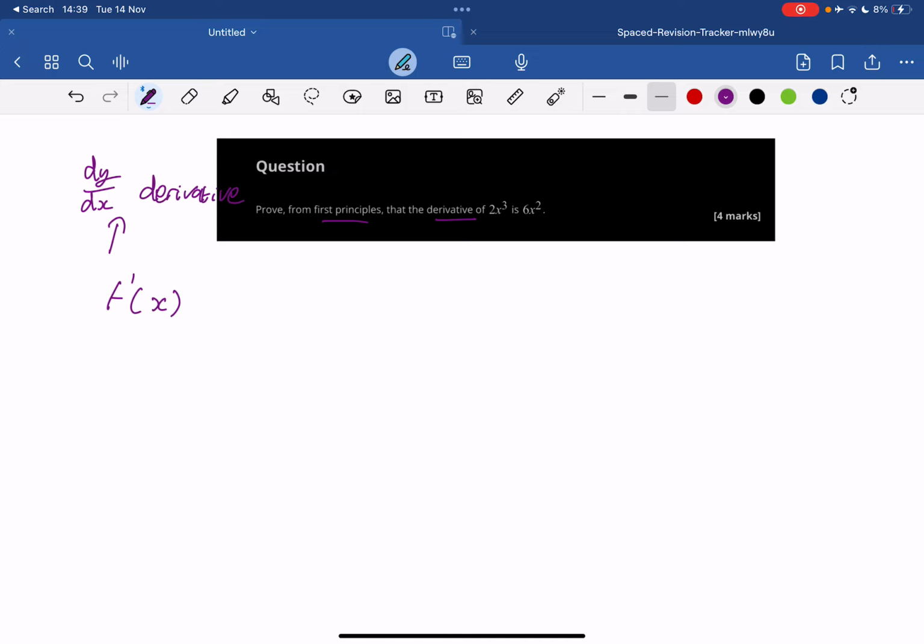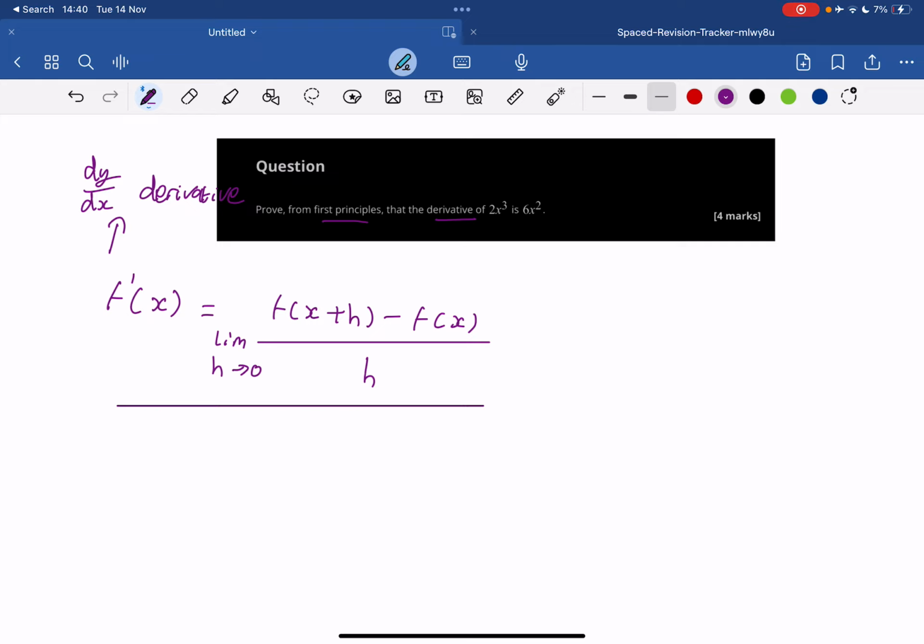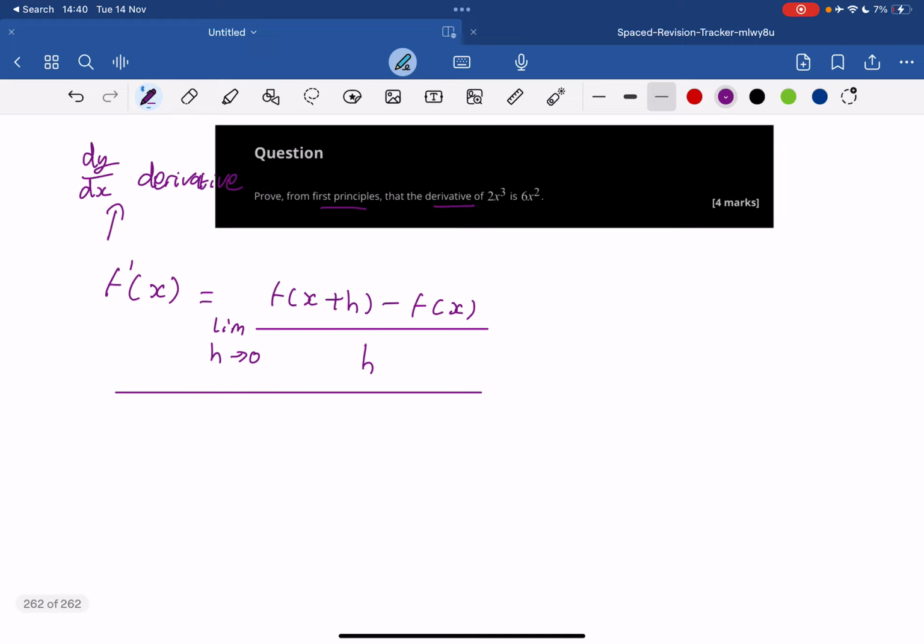So f dash of x equals f of x plus h subtract f of x, over h, as the limit h approaches 0. That is the formula for the derivative of any function that's in terms of x.